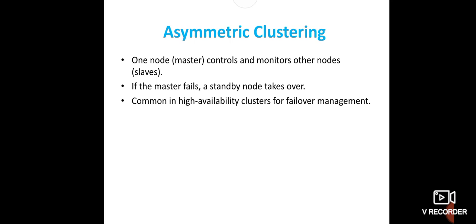For this purpose, asymmetric clustering is used for interconnecting nodes, and it is used to share the workloads efficiently. It has some common uses such as high availability clusters for failover management.